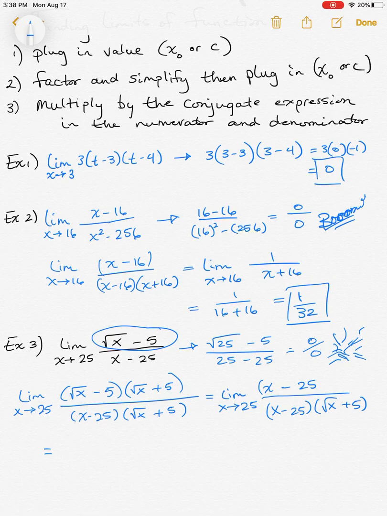We're not plugging in yet, so we still need to continue to have that word limit and everything associated with it. Simplifying, x minus 25 over x minus 25 cancels, and that leaves us with a square root of x plus 5 in the denominator.